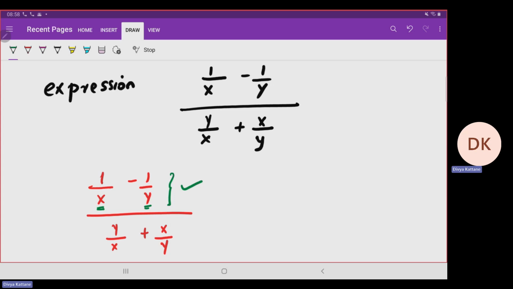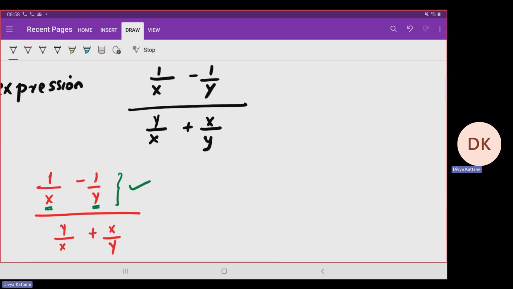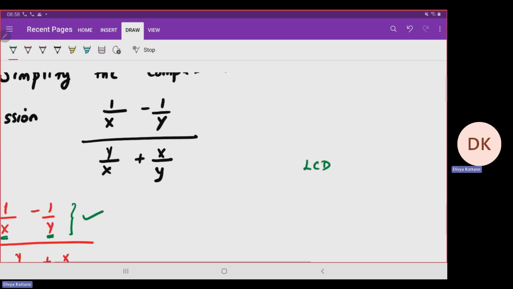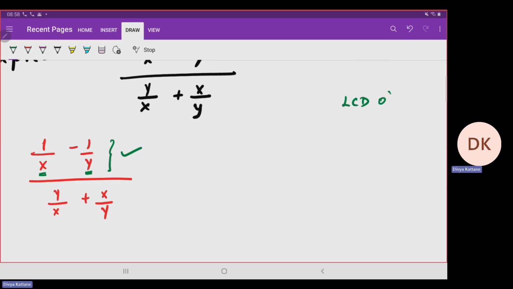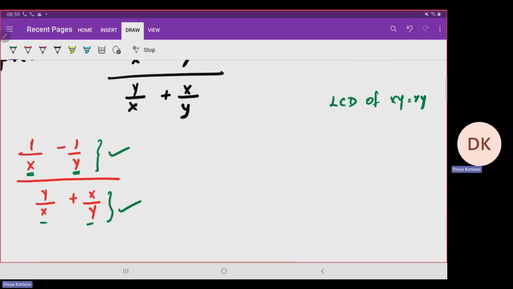So we will find the LCD. What will be the LCD of x comma y? LCD of x comma y will be xy, their product. Same way, if you check the down, here also x and y is coming, no? So LCD will be x into y.